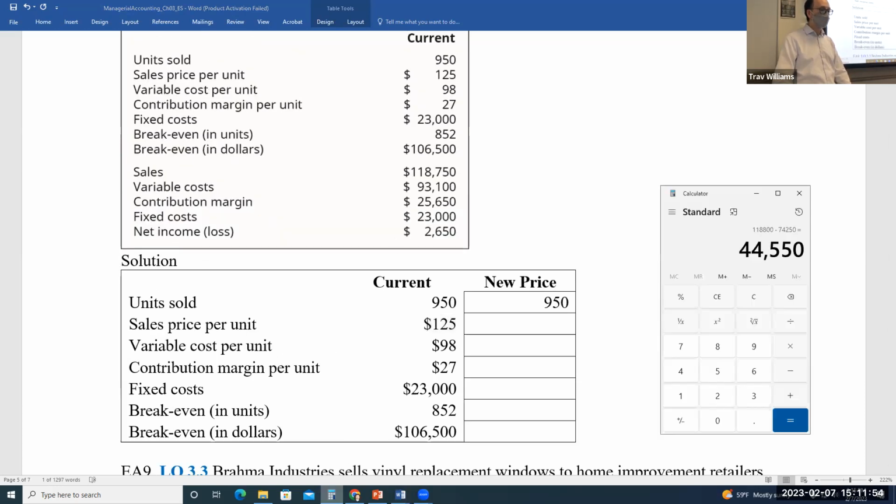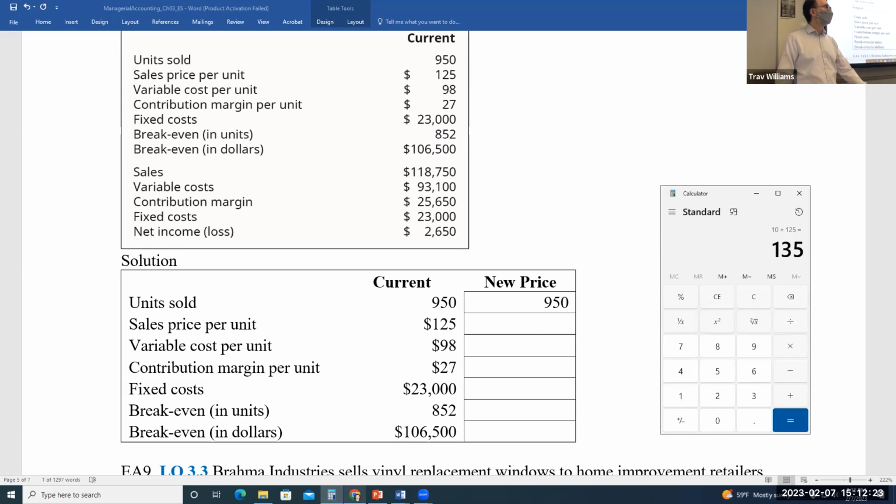So if we know the old price was $125 and it's going up 8%, how do we figure out the new price? Multiply the current price by 8%. Okay, we could take the old price, multiply by 8%, and add that to the original price, and we get $135. Okay, so that works.